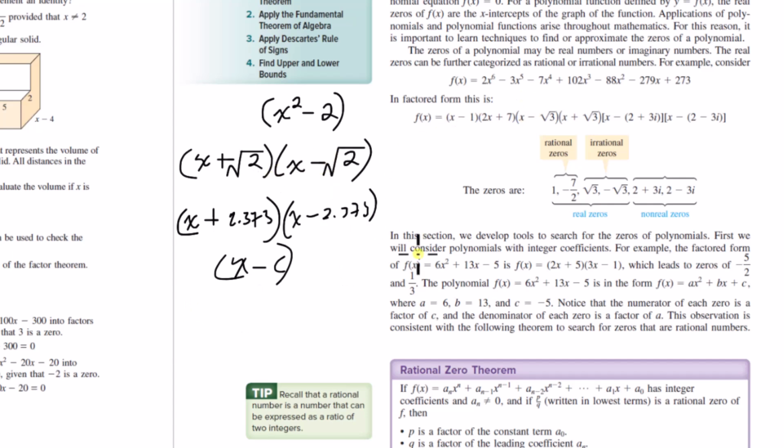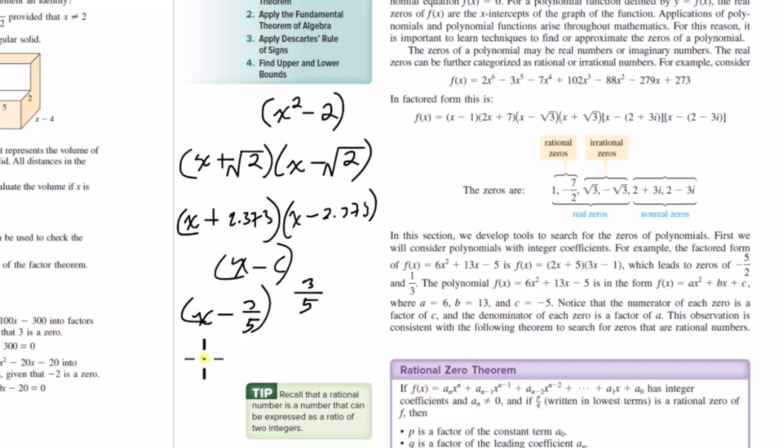Okay, and then also, let's say you have a rational number, a fraction, and you find that a 0 of a polynomial is 3/5, let's say. This is another point to note: you could write the factor as x minus 3/5, and that's fine.